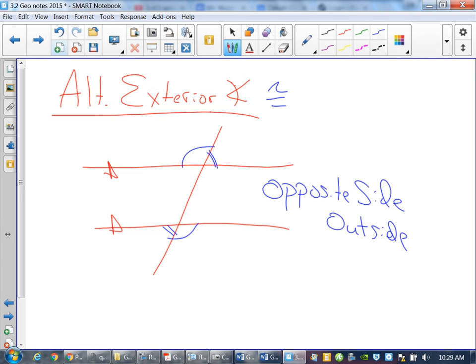So let's work this out. Alternate interior. Alternate exterior.